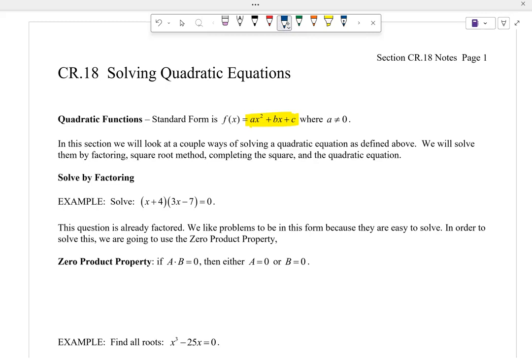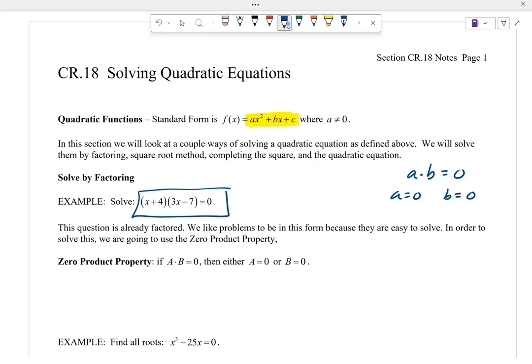The first way is to solve it by factoring on this first example. And we know if a times b equals 0, if a is 0, the statement would be true because we have 0 times b, or if b is 0, the statement would be true.